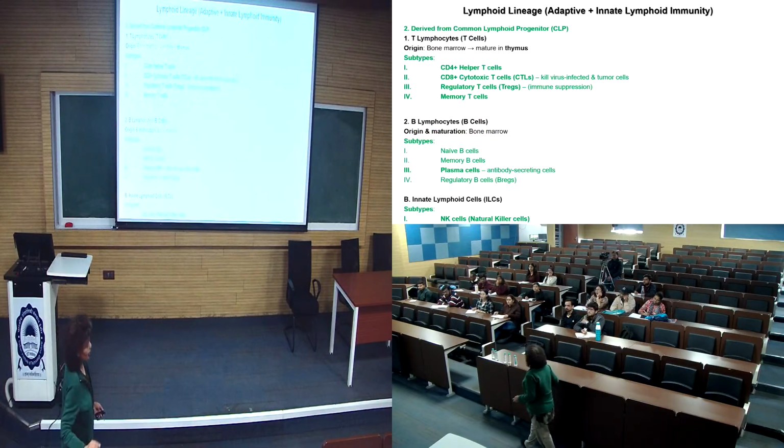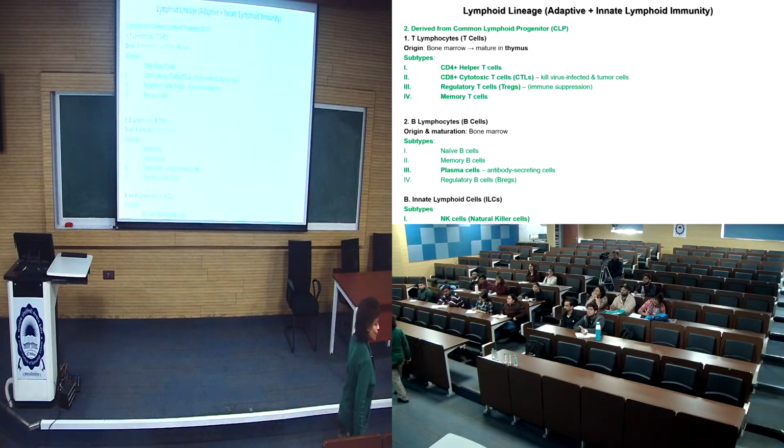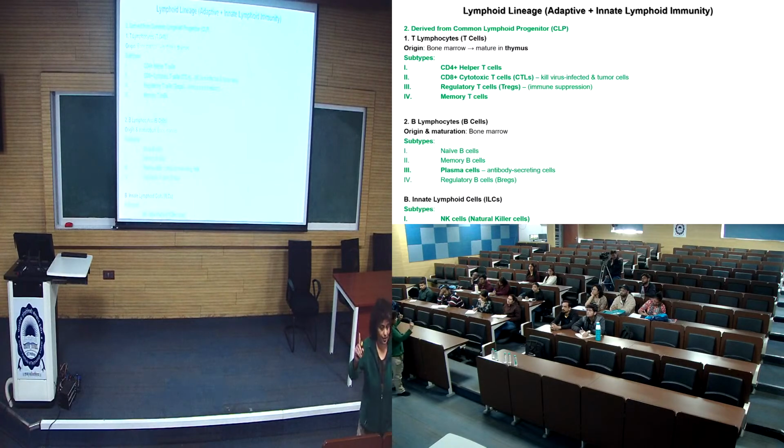Now, without going into great detail about everything, I want you to have these notes so that if you want details, you can always go back and refer to the notes. But here I'll go quickly, okay? Because otherwise we'll get stuck here. So lymphoid progenitor cells make three kinds of cells: T cells, B cells, and NK cells.